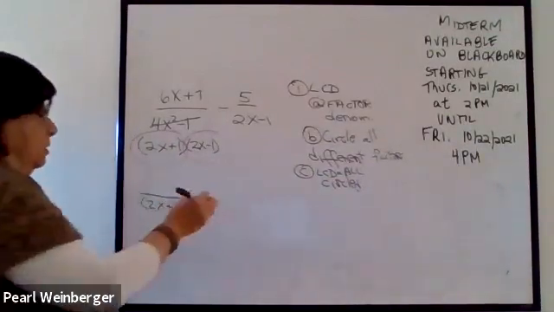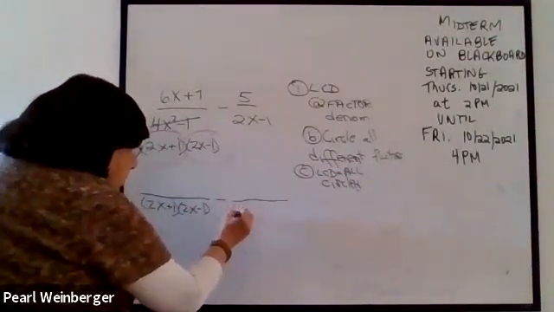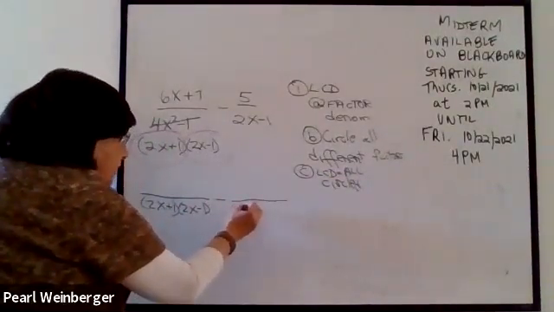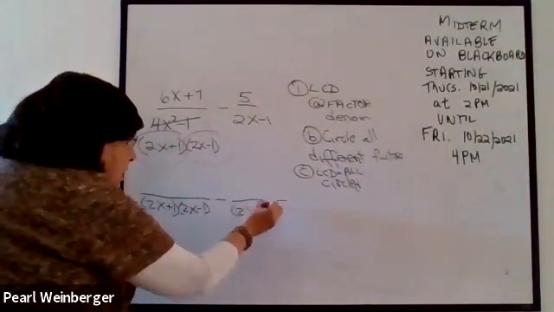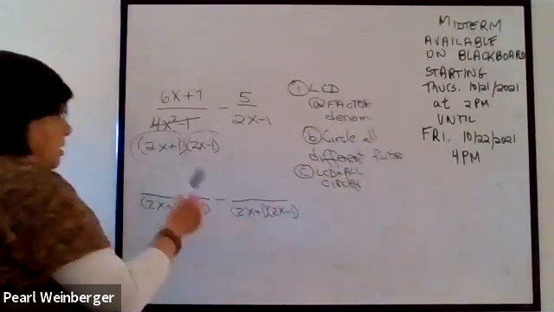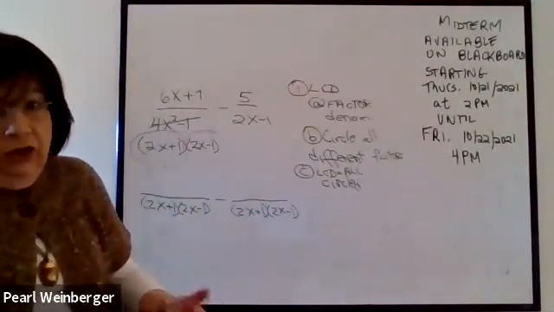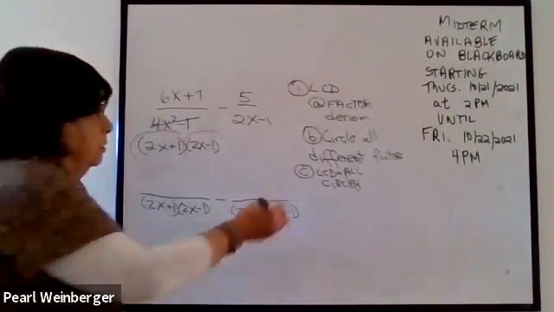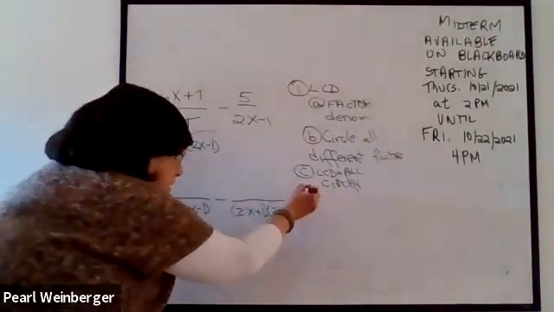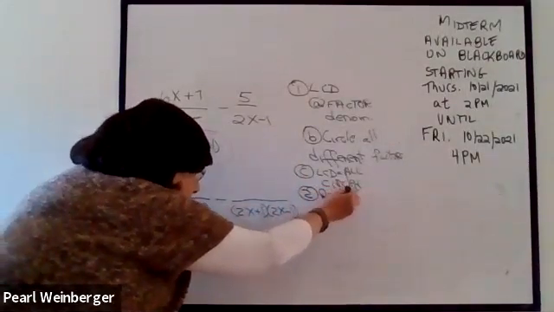That's my LCD. So my next step is going to be to rename the fractions. Change the numerators because I've changed the denominators. So once I have my LCD, I rename my fractions.